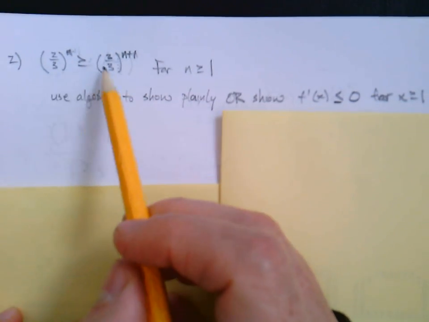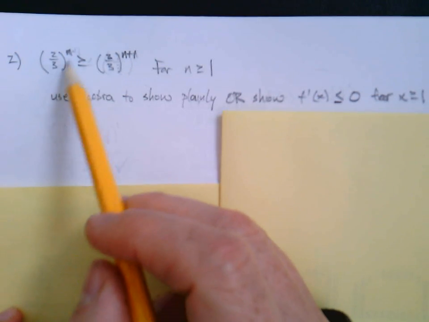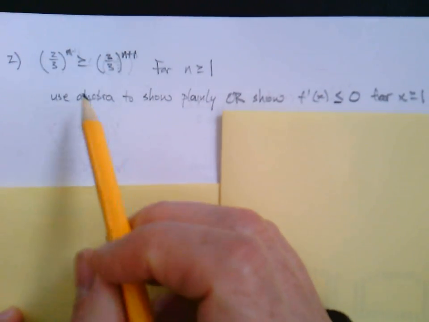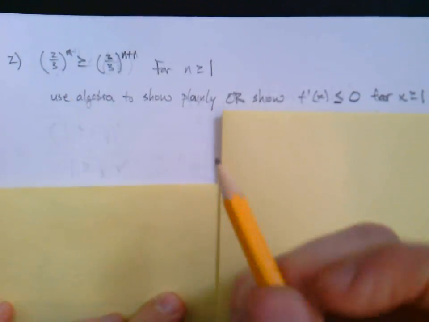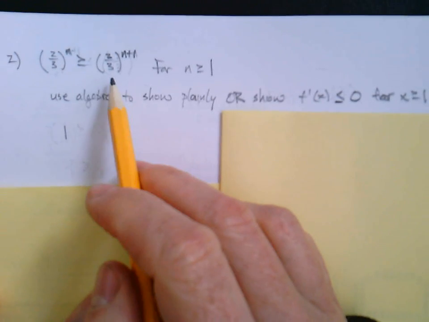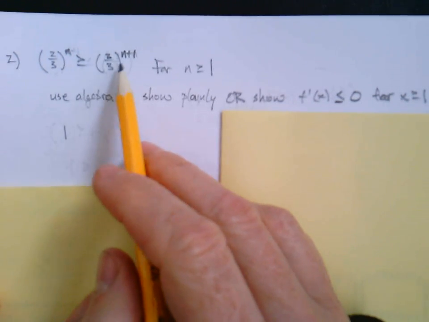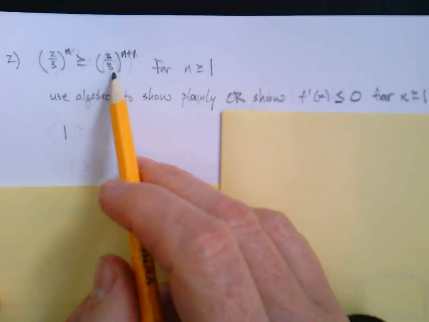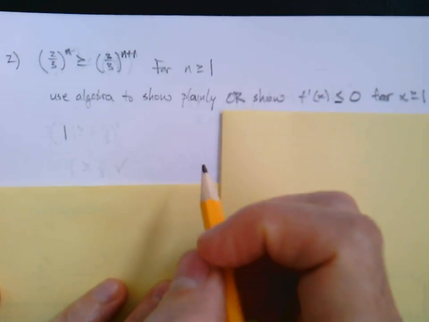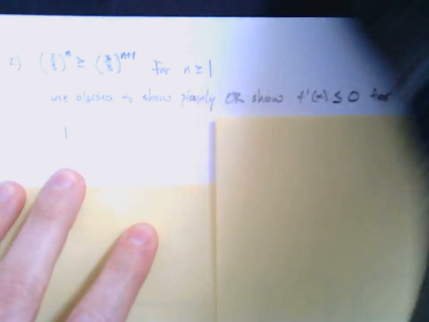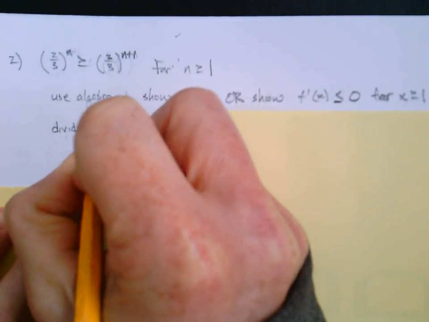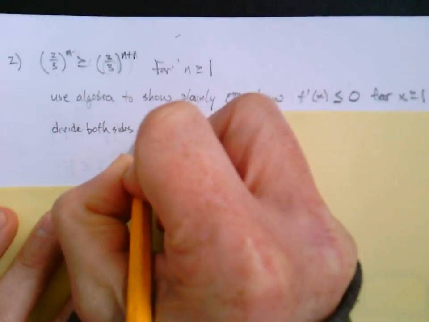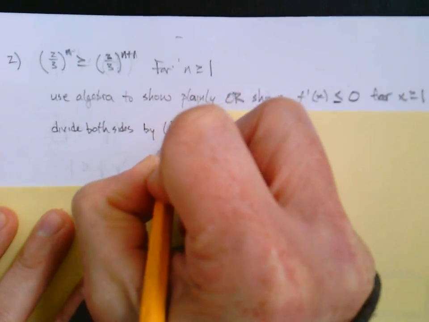Couldn't I divide both sides by (2/3)^n? Right, I could divide both sides by this left side. If I do that, then I'll get 1. If I divide this side by (2/3)^n, wouldn't that leave me with (2/3) to the first? So the algebraic way: divide both sides by (2/3)^n.